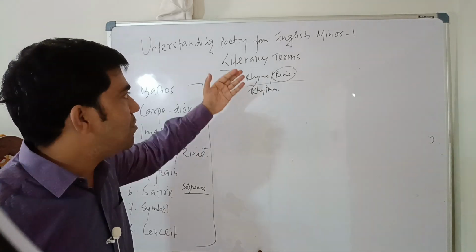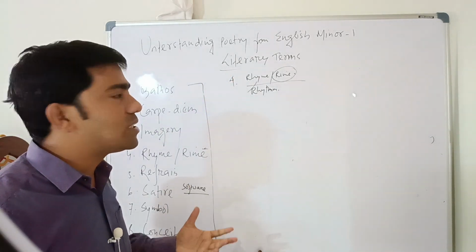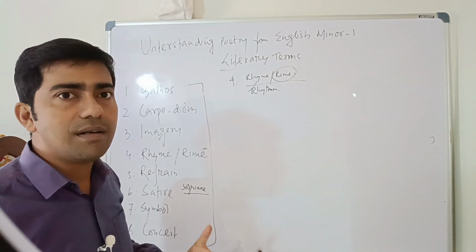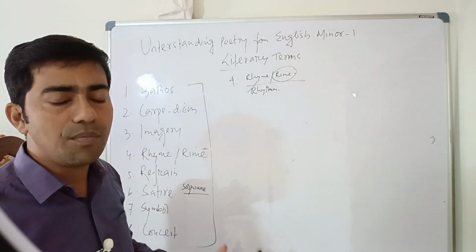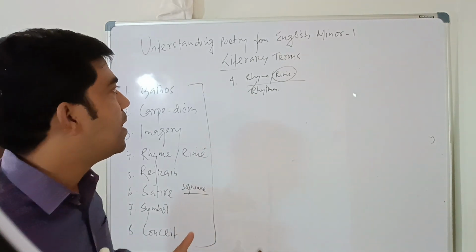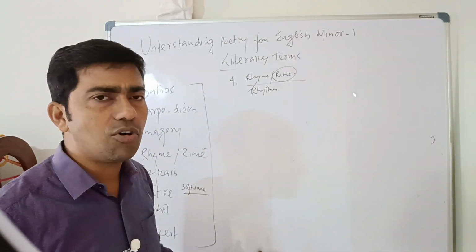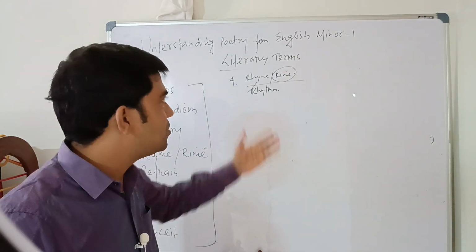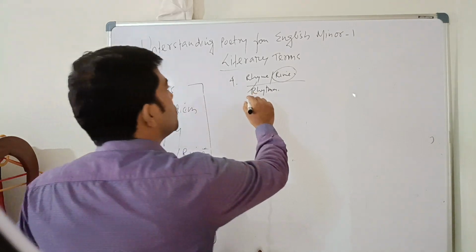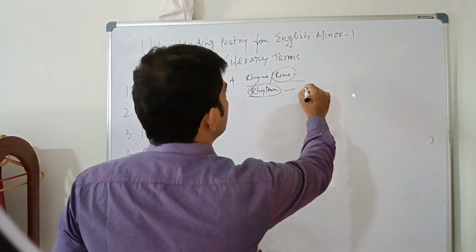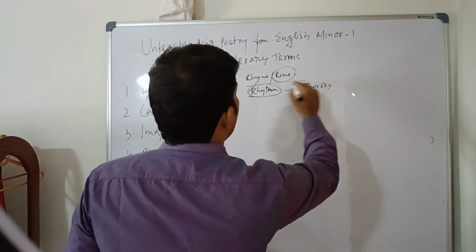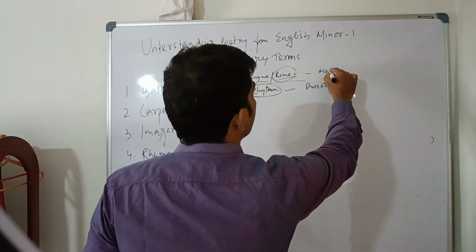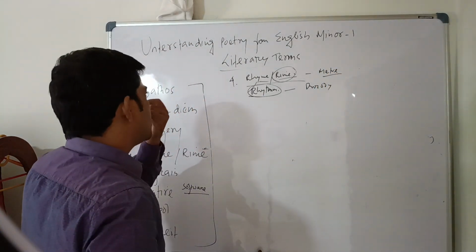Rhyme is the vowel sound or adjustment in the last part of a line, and rhythm is all about pauses and stress found in poetry. So rhythm is totally linked to prosody, and rhyme is linked to meter.